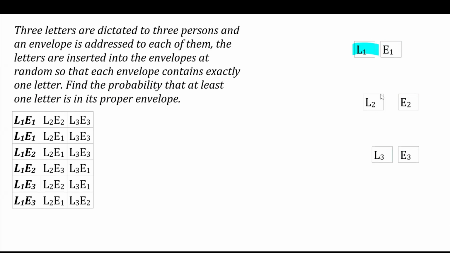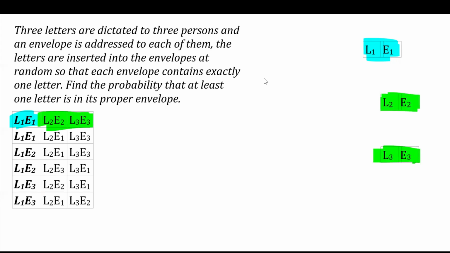Now, let's do one thing. Let's say in the first go, I pair L1 with E1. The other two letters can be arranged like this: L2, E2 and L3, E3.